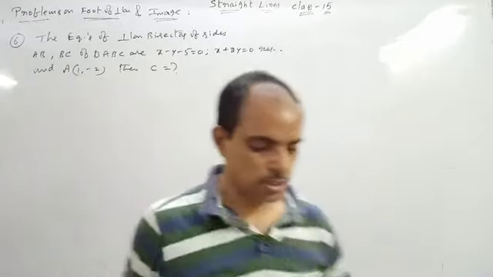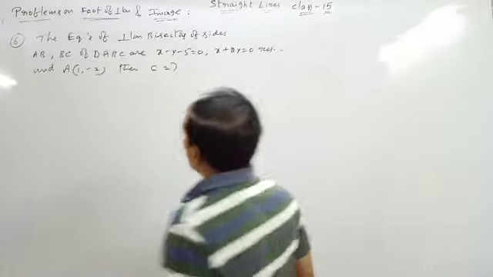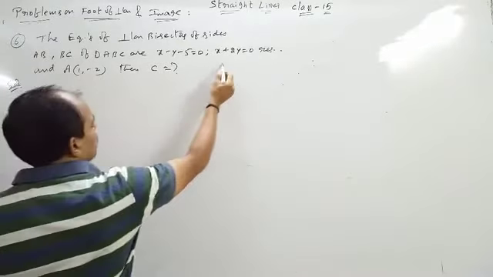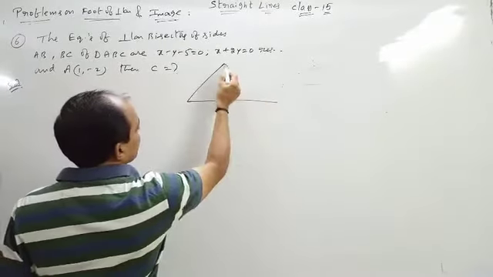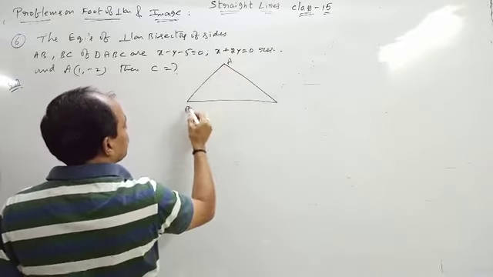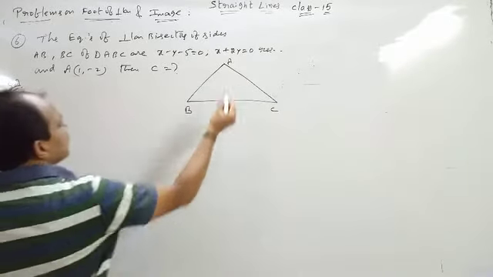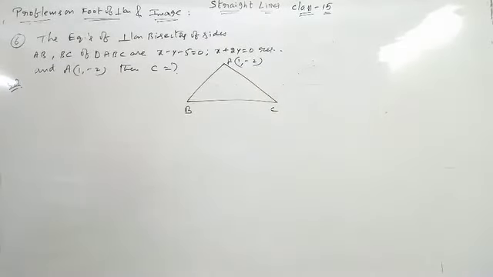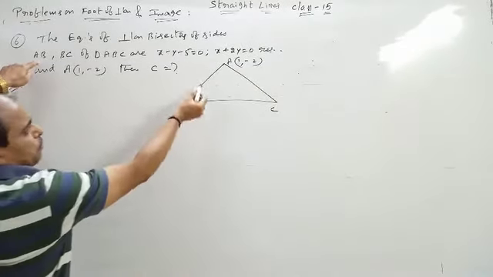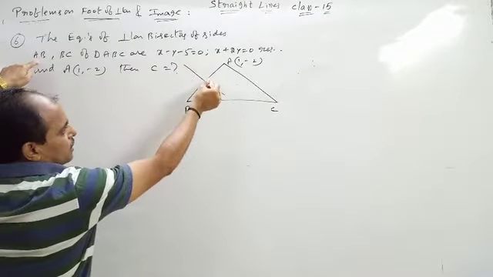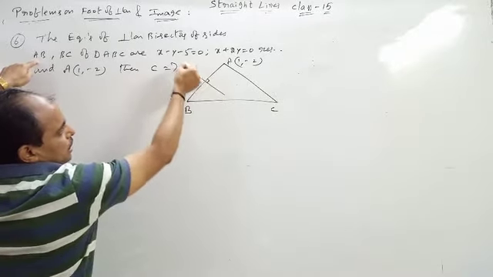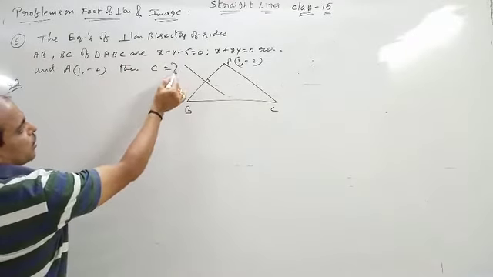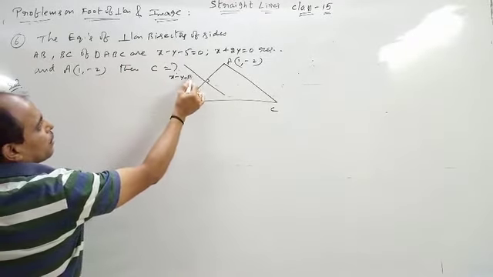You see that question. Okay, so there is a triangle named ABC. What is A? 1 comma minus 2. Now AB has a perpendicular bisector. This line is the first line. What is that line? x minus y minus 5 is equal to 0.